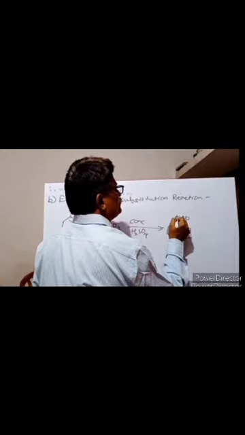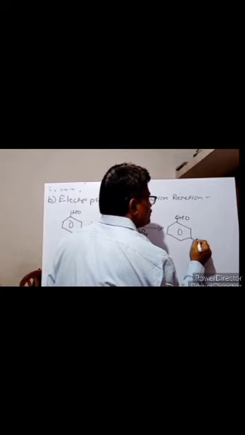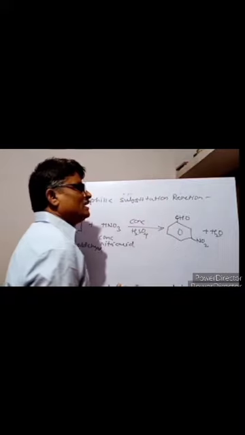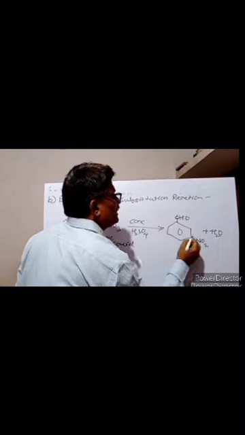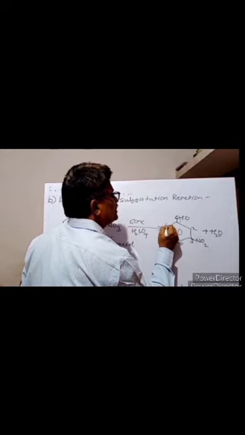Formation of CHO, this is benzaldehyde, at meta position NO2 group is formed and OH goes with an H, forming an H2O molecule. This is 1, 2, 3, 4, 5 and 6.